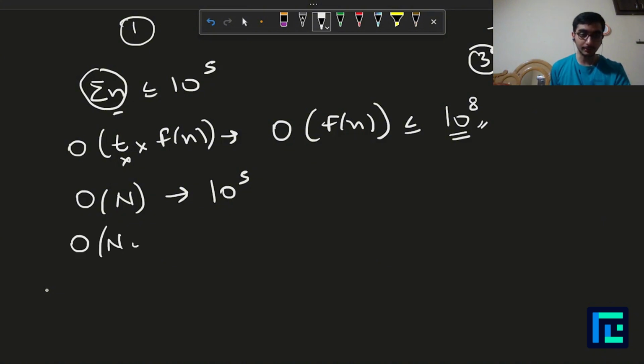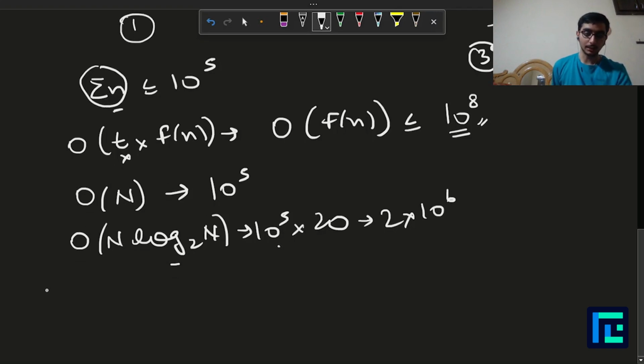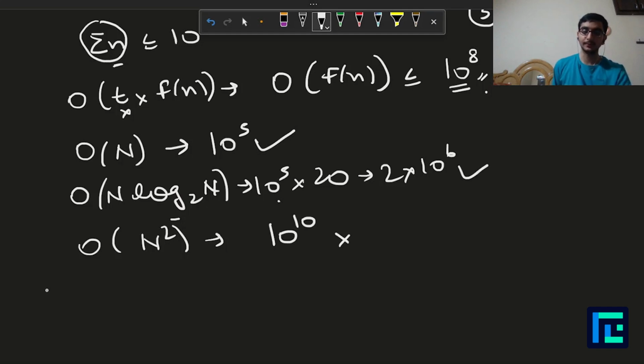O of n log base 2 of n would take around 10^5 times 20, because log base 2 of 10^5 is approximately 20, and this would give me 2 times 10^6. O of n squared would land somewhere around 10^10 operations. As our limit is 10^8, 10^5 is completely fine, 2 times 10^6 is also fine, but 10^10 will not come under the given bounds.